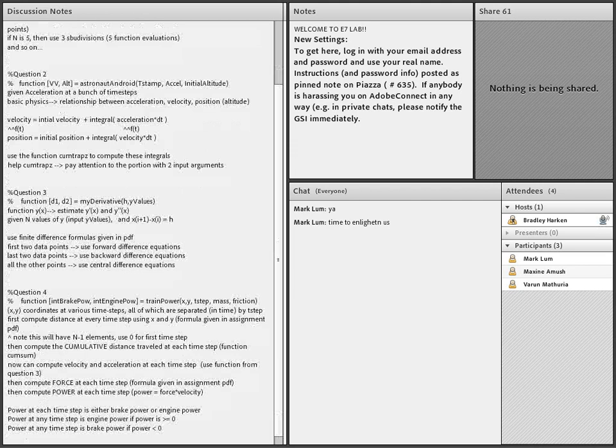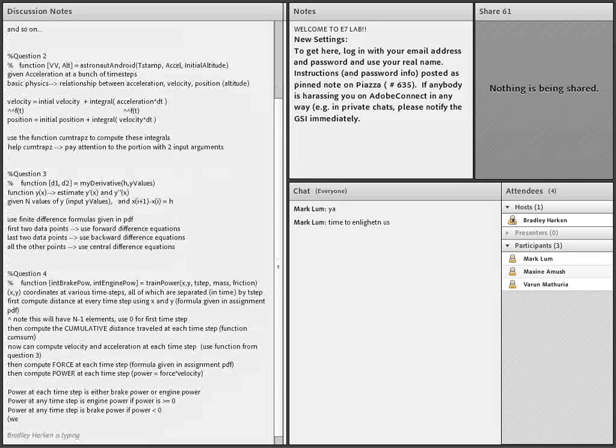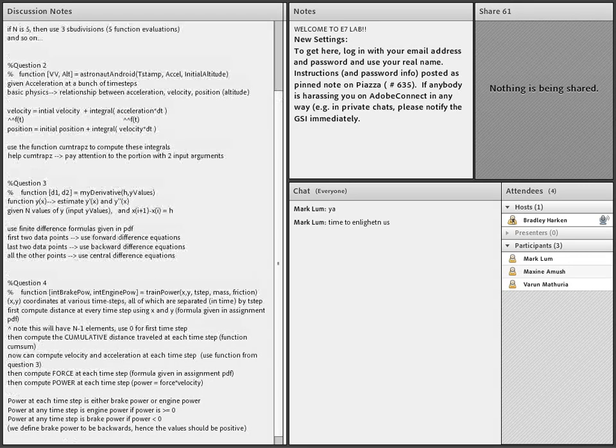Also worth noting is that we define, since we are in a coordinate frame where forward is positive, it's the negative power that is being supplied by the brakes, or that is being absorbed by the brakes.